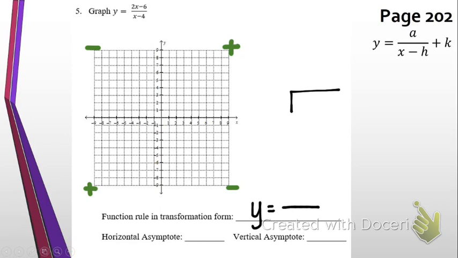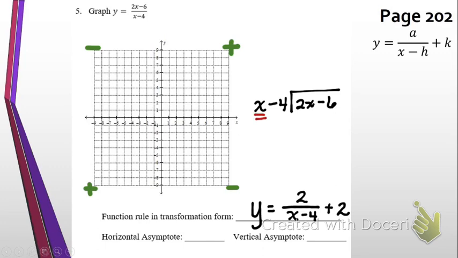What is our transformation form? Y equals 2 over x minus 4 plus 2 is correct. Let's walk through it real quick. Make sure everybody's on the same page before we move forward. So I have x minus 4 on the outside. I have 2x minus 6 here.